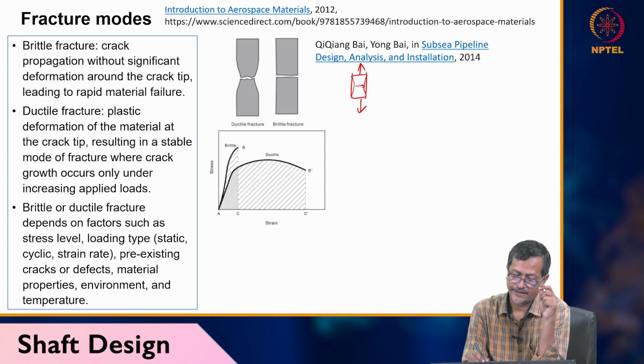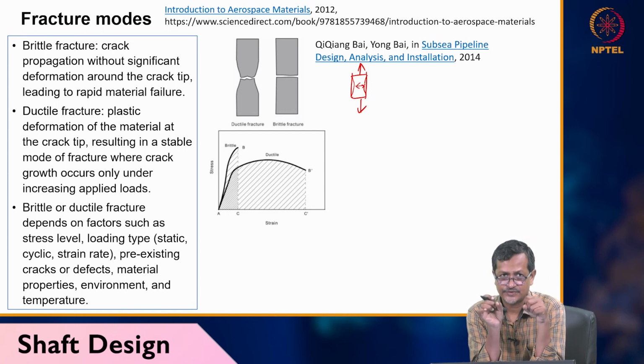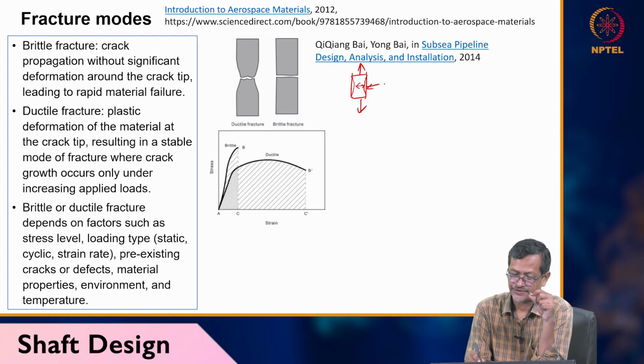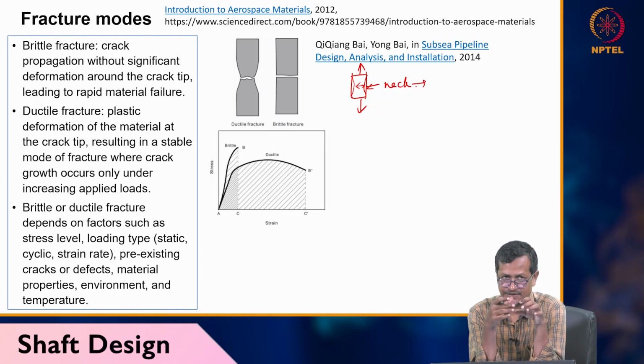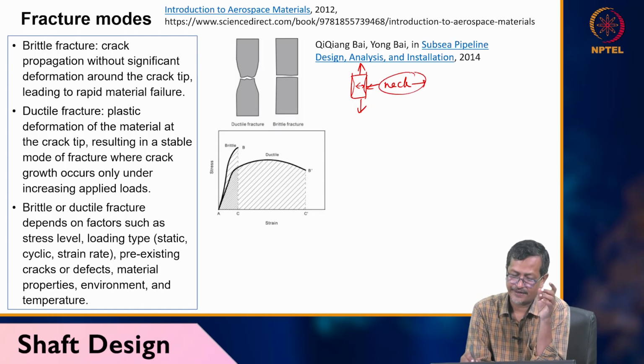The area is reduced, but the same force is applied, so stress will increase. When stress increases, it further creates necking. This is called neck formation. Neck formation means stress increase, so that area will fail. But in brittle material, the neck formation will not be there. No neck formation.